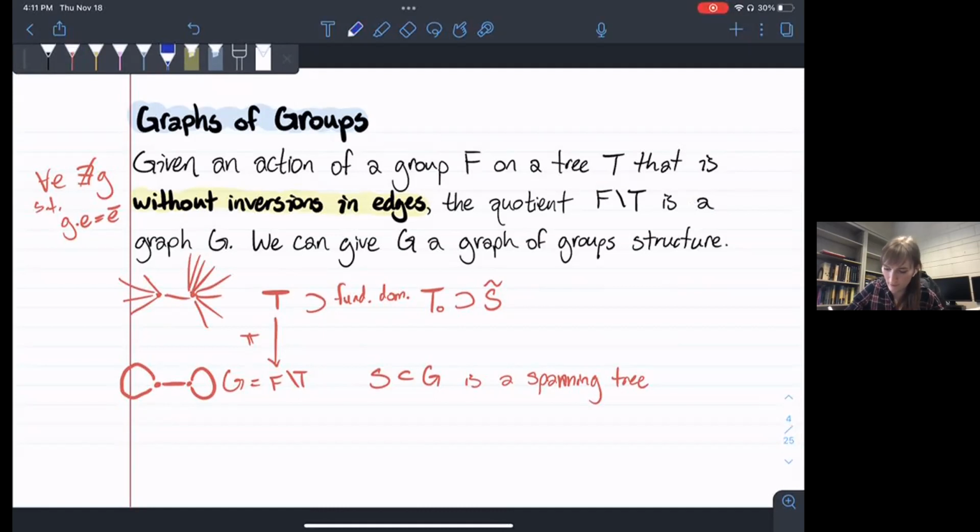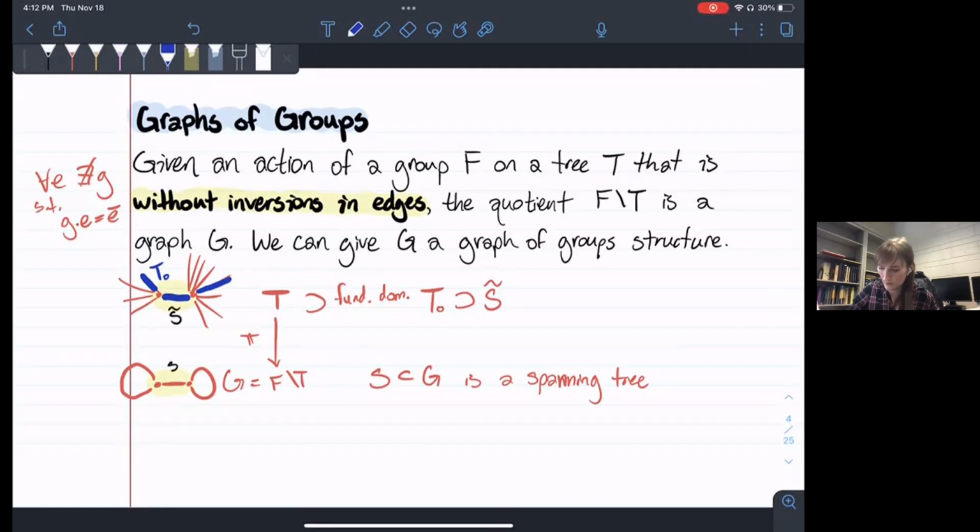So maybe my fundamental domain contains one edge for each edge of the quotient. And maybe my spanning tree S is this spanning tree. There's only one spanning tree for this graph, so that's fine. So maybe this is supposed to be my S tilde in yellow, lifting my S, and in blue is my T naught.